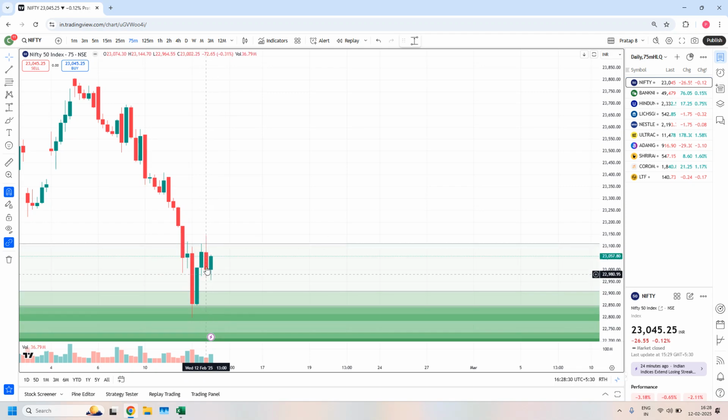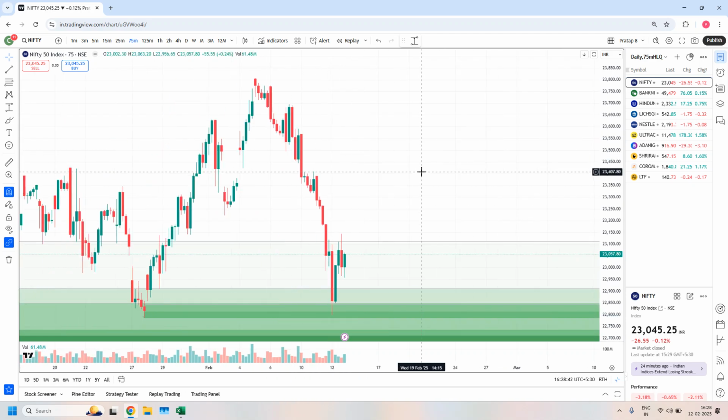That's why you have seen a 100 points move down and again another 50-60 points up. But overall, everything happened as per our plan. Whatever we analyzed, everything happened like that only.